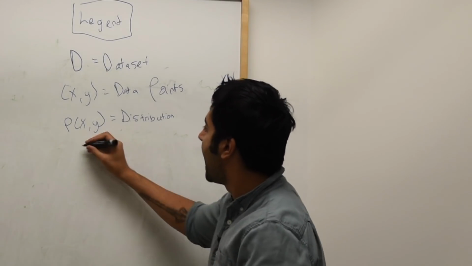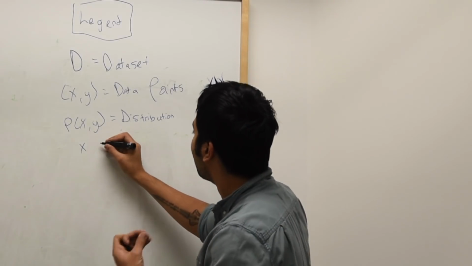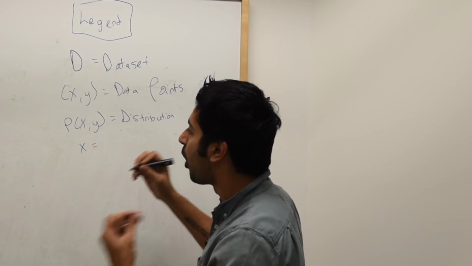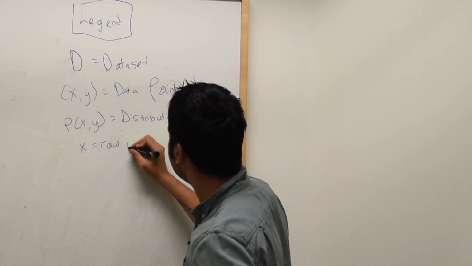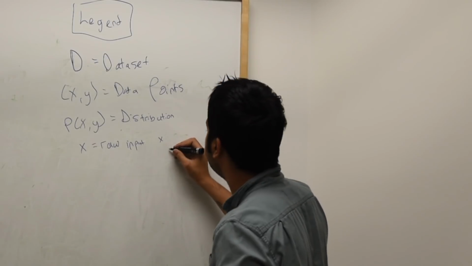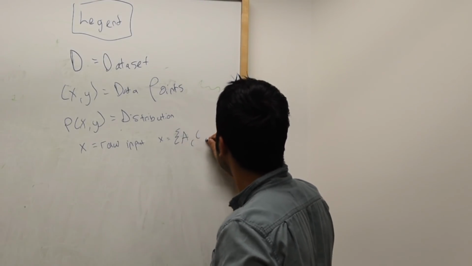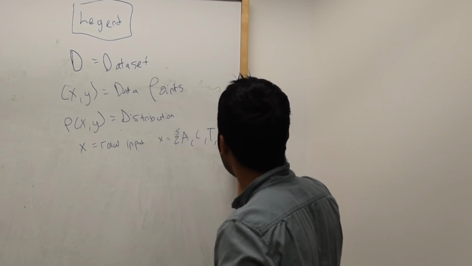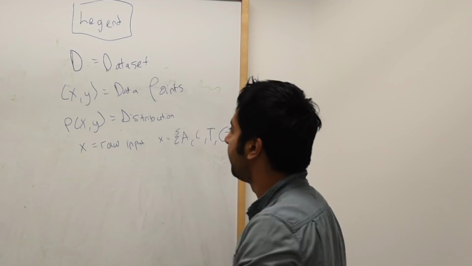And then we have X, right? X is our input. So what is X? We're going to think of X as the raw input, where X is going to be equal to either A, C, T, or G. So X is going to be a discrete input. It's going to be a collection of these discrete values.